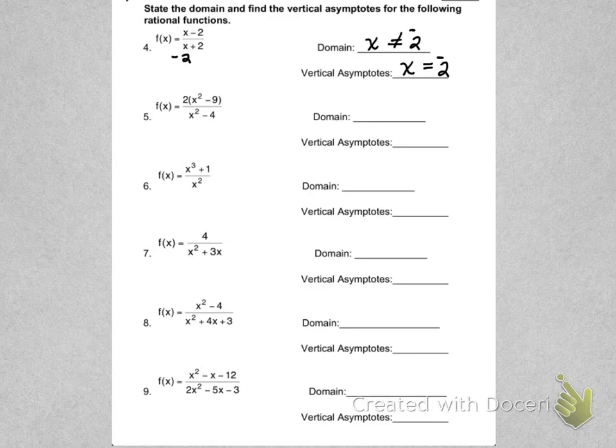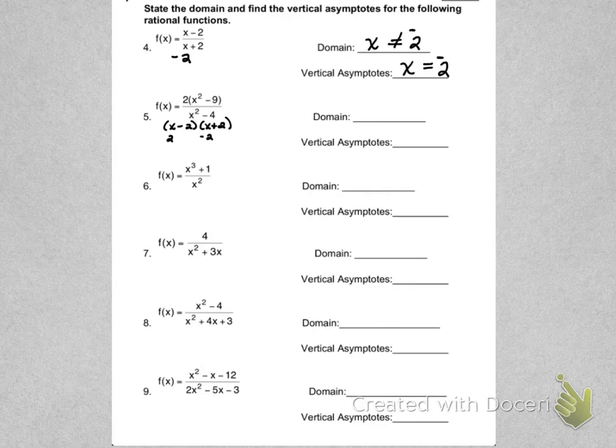Then, looking at number 5, that's a difference of squares, so that will factor as x minus 2 times x plus 2. So two values of x, if it's +2 here and if it's -2 here, if either one of those values occurs in the domain, then the denominator would be 0.